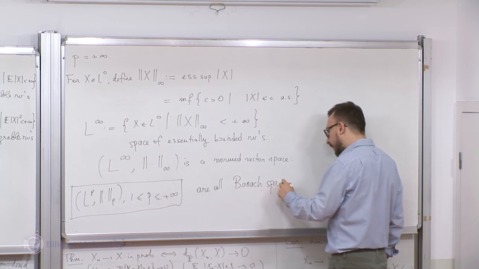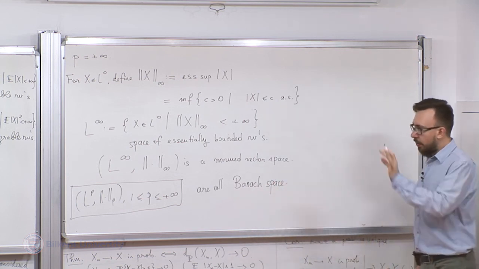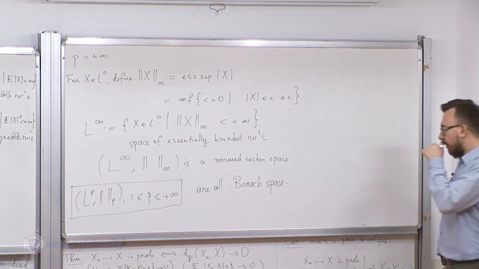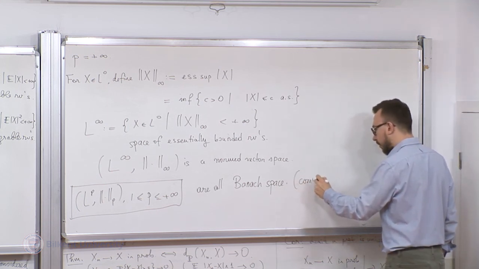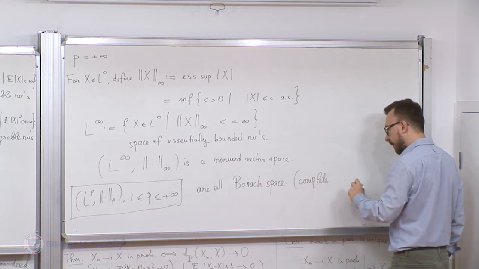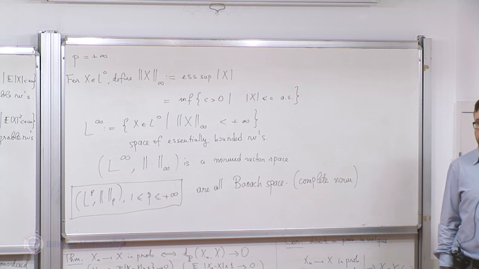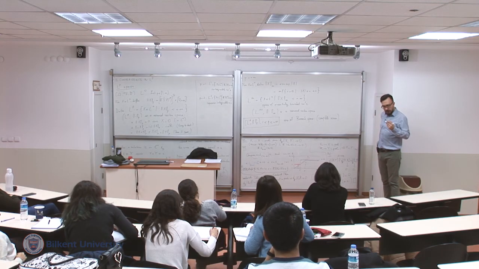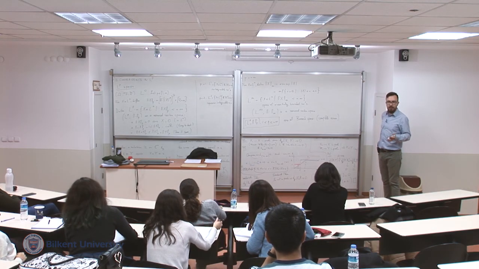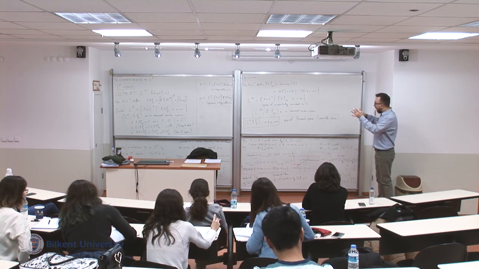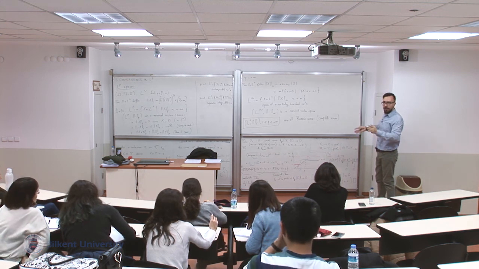What is a Banach space? Well, we know that it has a norm, and this norm is complete. What is complete? Every Cauchy sequence is convergent, right? That norm even satisfies this property, but we're not going to prove that.